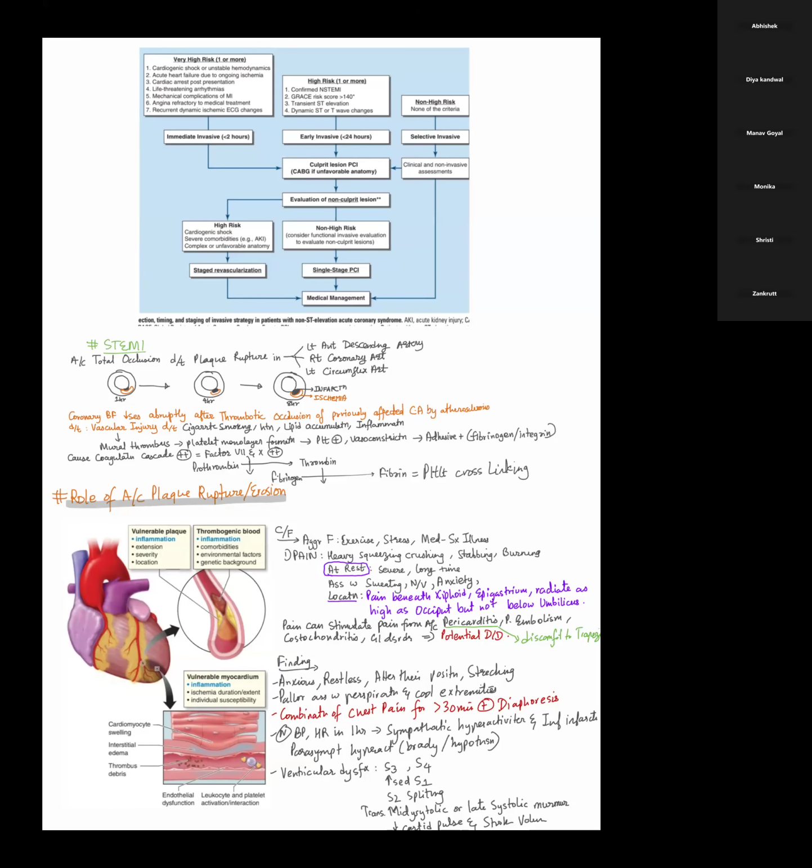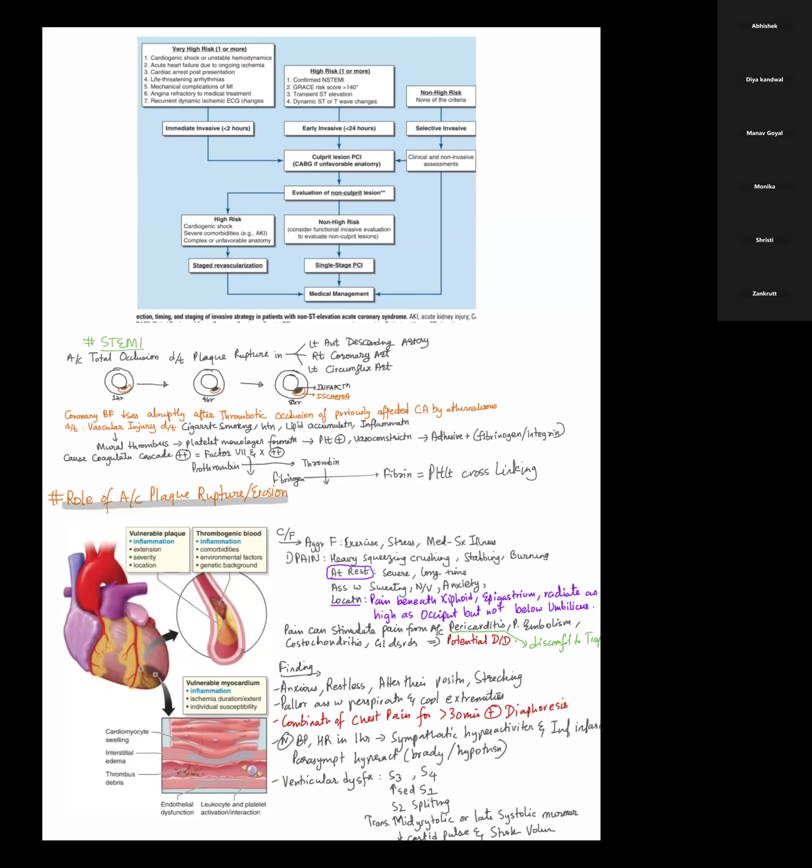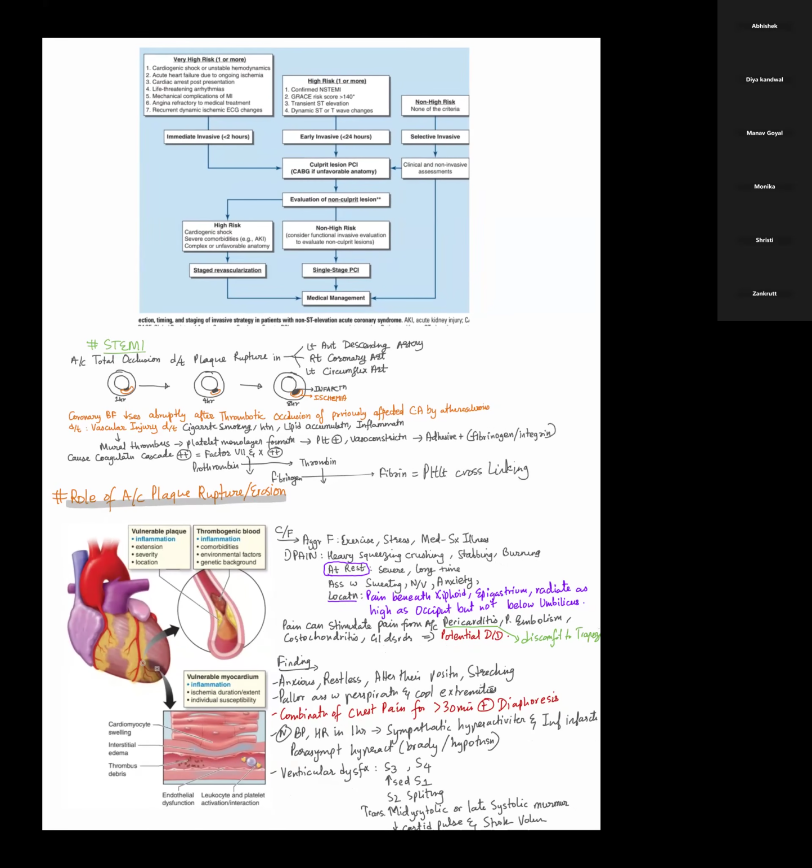Then there is the role of acute plaque rupture and erosion, as I've already explained in previous slides. So the patient comes with clinical features, which get aggravated on exercise stress and other illnesses.